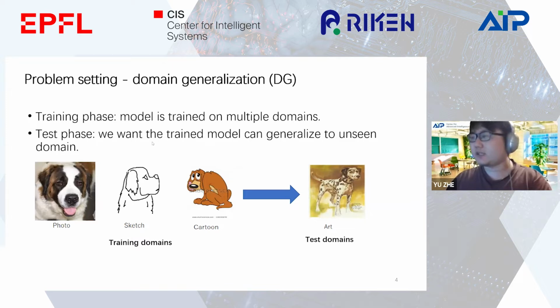In the test phase, we want the trained model to generalize to an unseen domain, for example the art domain. I'd like to remark that the art domain is not included in the training domains, so it is an unseen domain for the classifier.